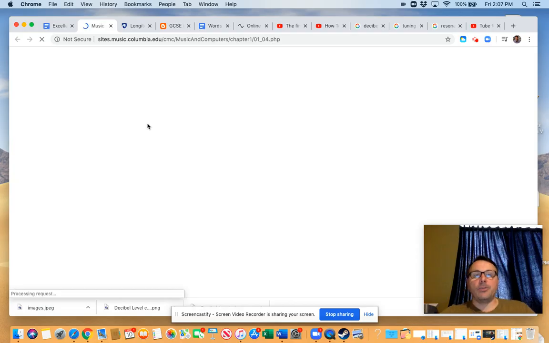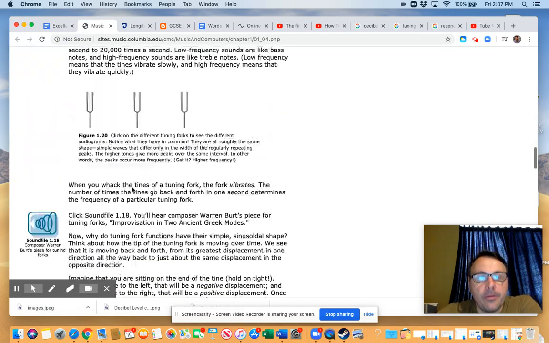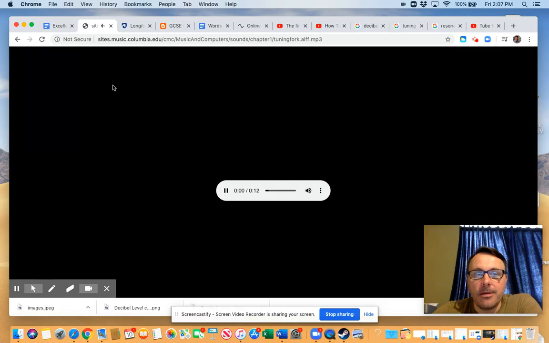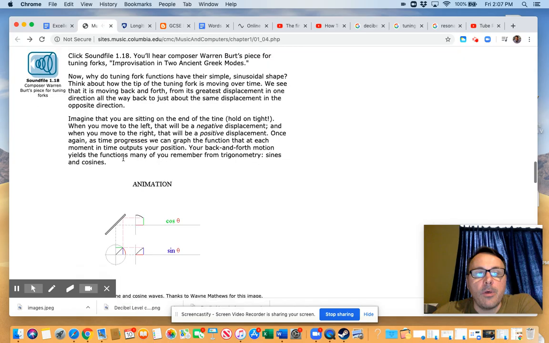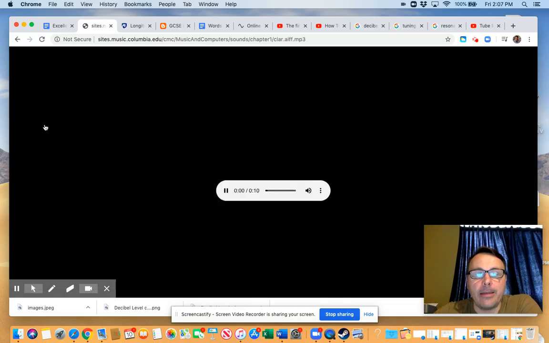All right, and so we can hear this in a different way as well. So once again, we have the tuning fork. Playing the same pitch, but now the clarinet.